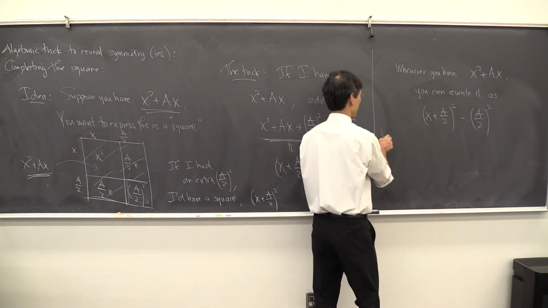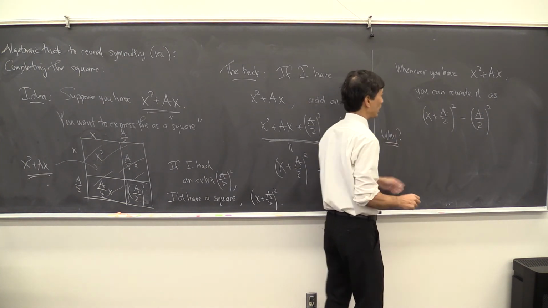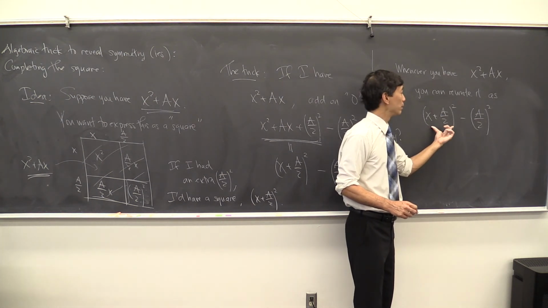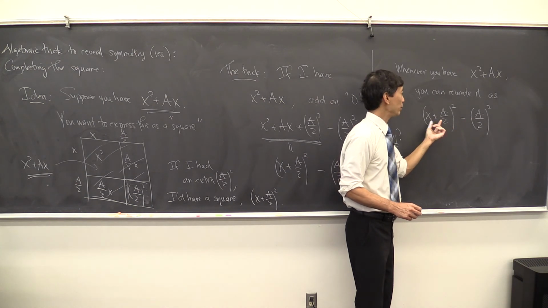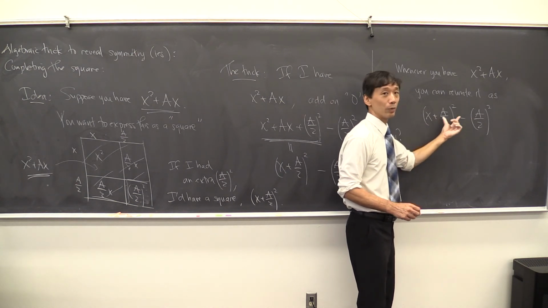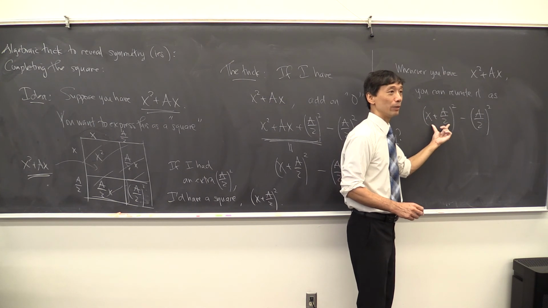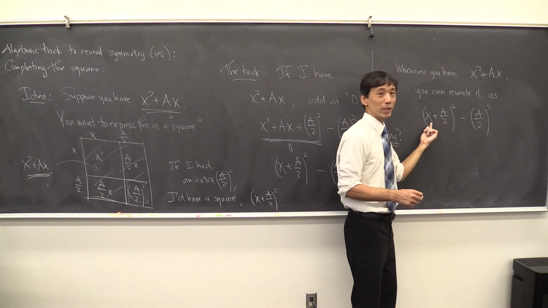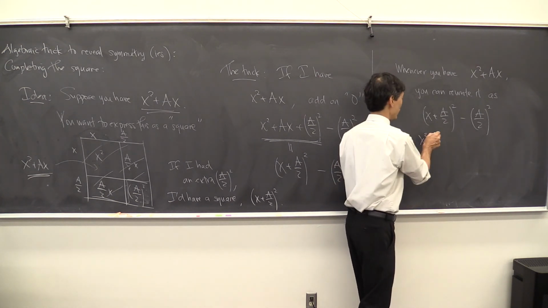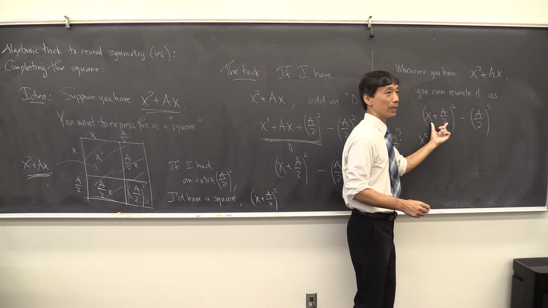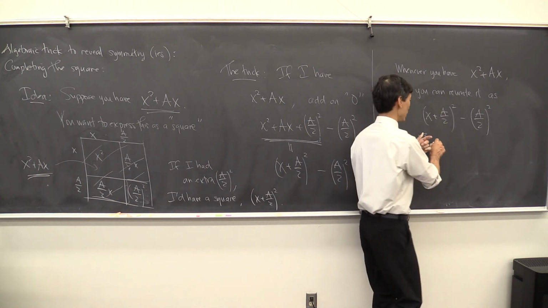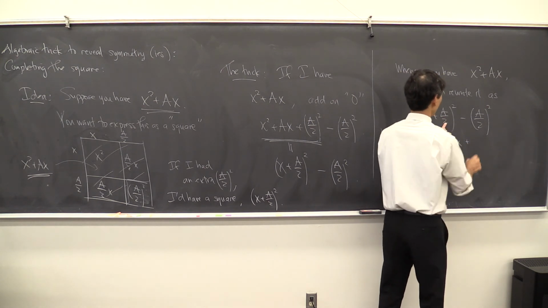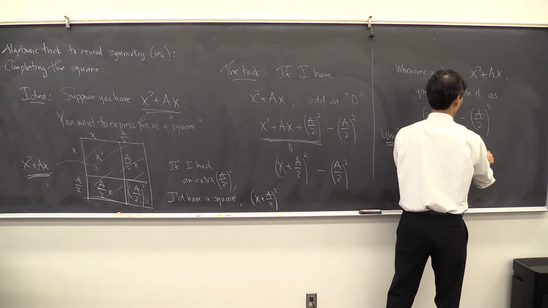Why? Well, let's multiply this thing out. What do you get when you square a sum? You're going to get this guy squared, this guy squared, and this guy times 2 times the other, so you get 2 and 2x, and you get the last guy squared, a over 2 squared.